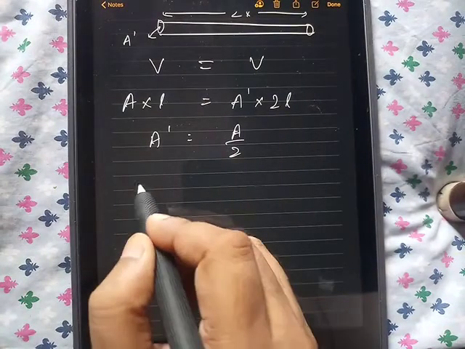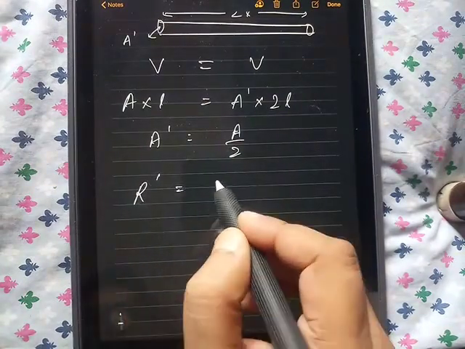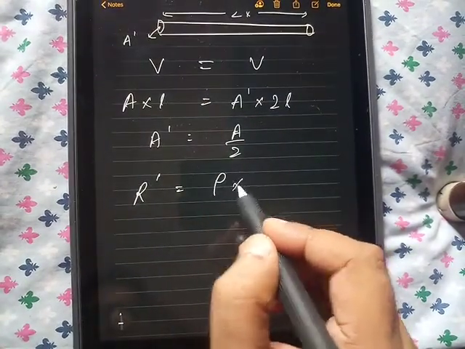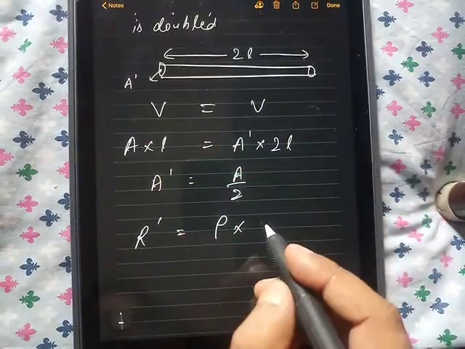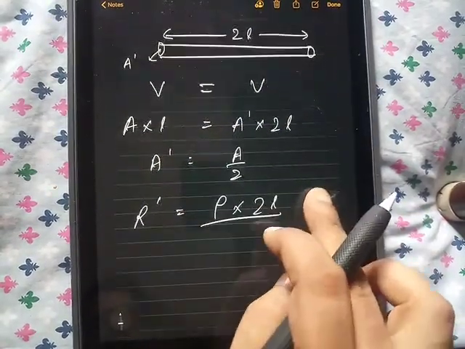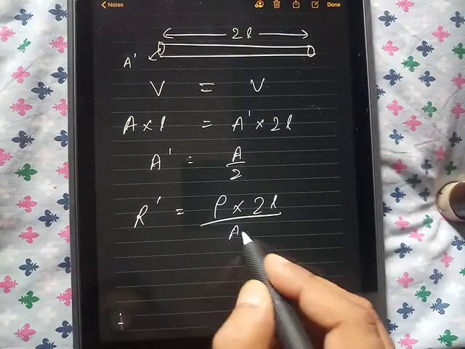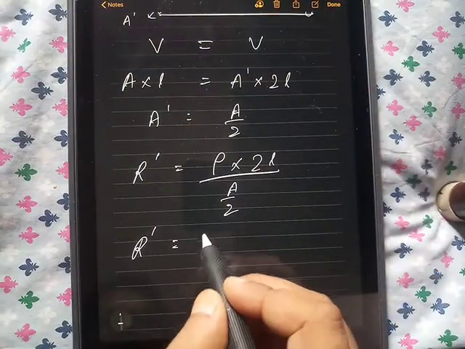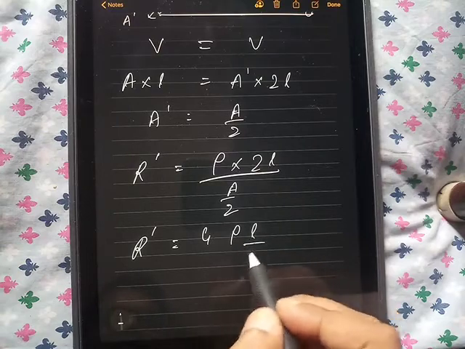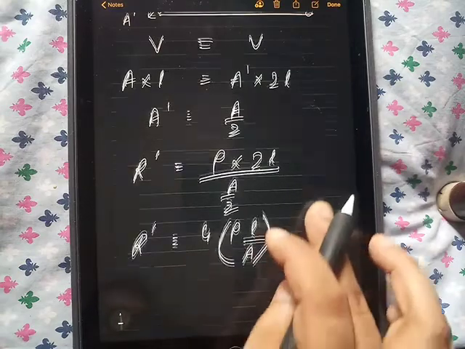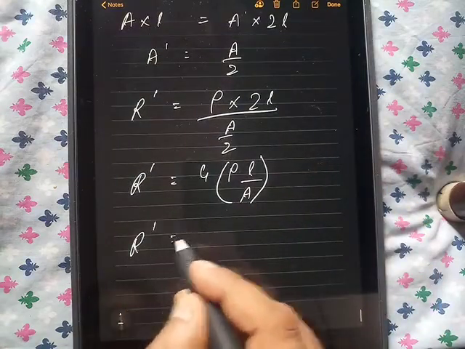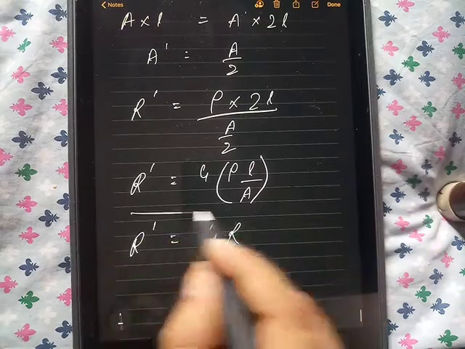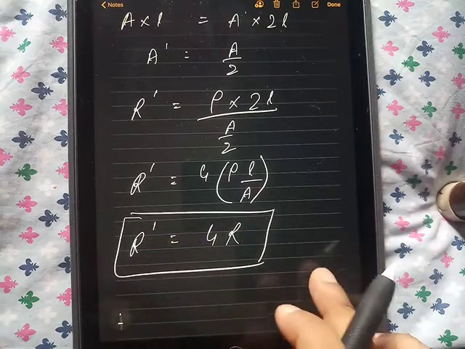In this case, new resistance R dash equals rho L by A. The new length is 2L and new area is A by 2. So R dash equals 4 rho L by A. As this represents R, the new resistance becomes 4 times the old one.